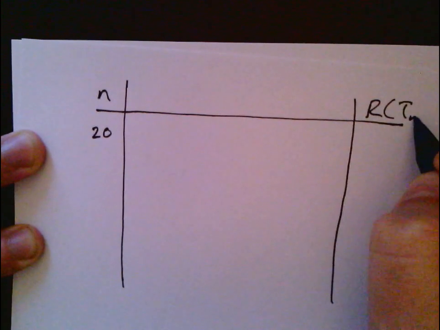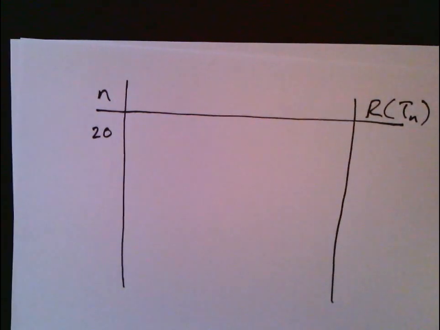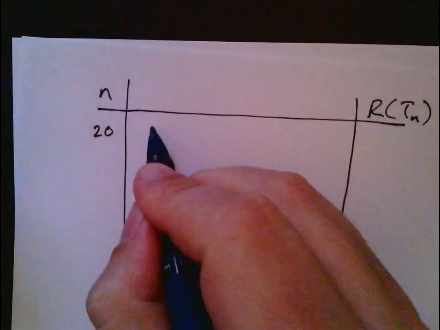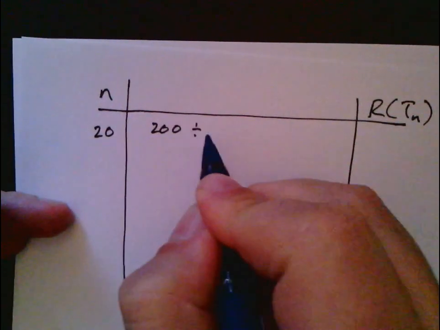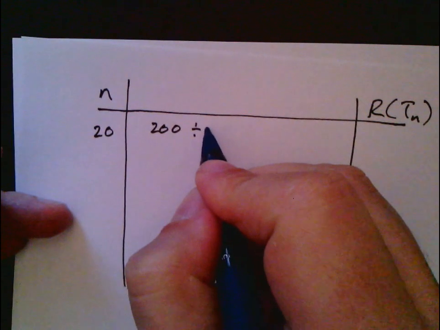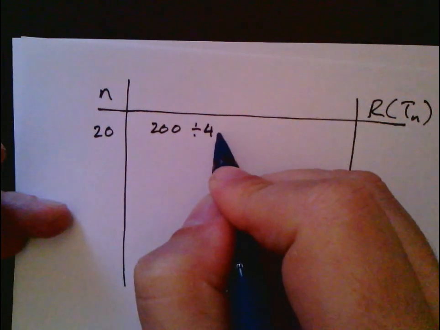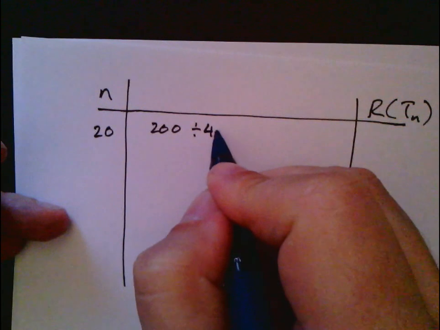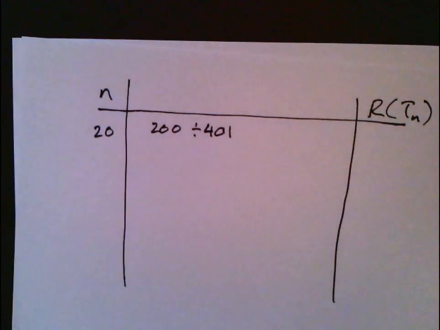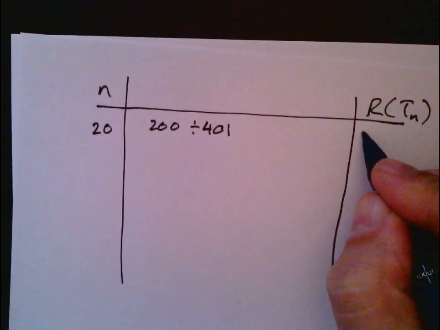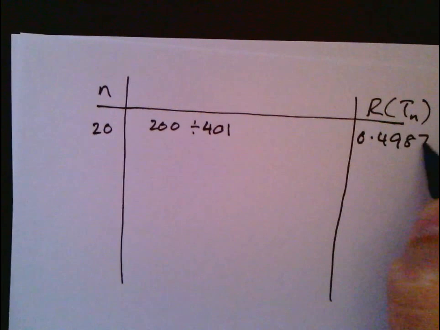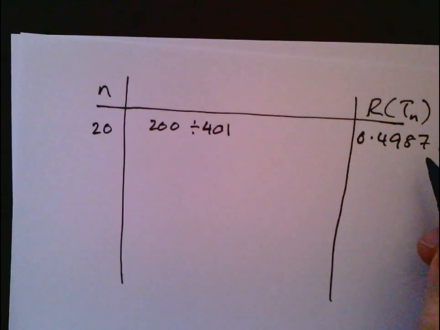So when n is 20, the result, t to the 20, we have 200 divided by 20 squared plus 1, which is 401. So 200 divided by 401 is 0.4987. So we've already gone under a half.